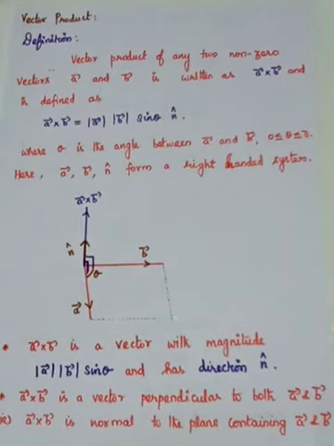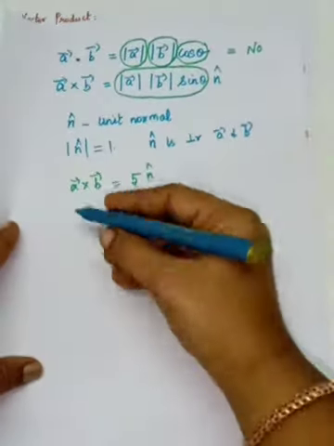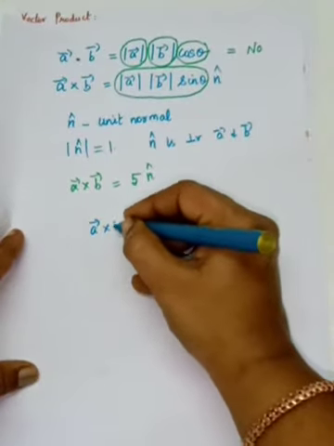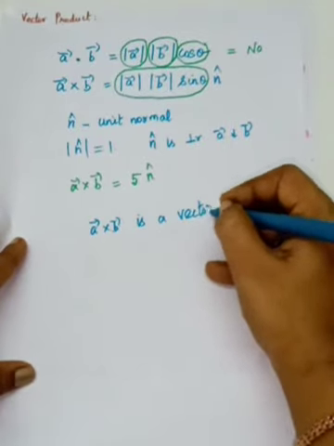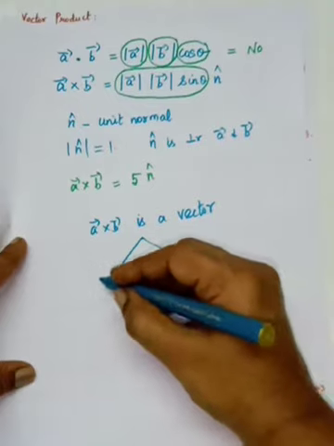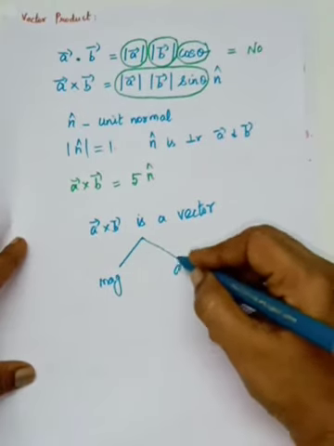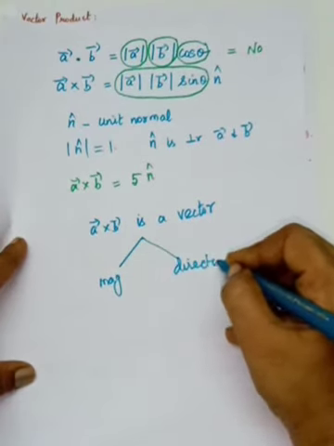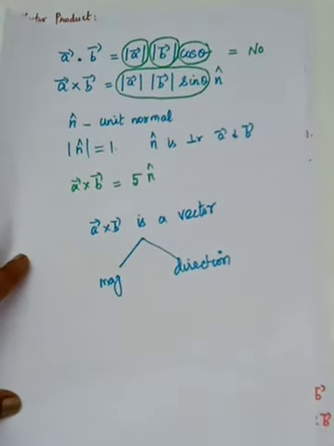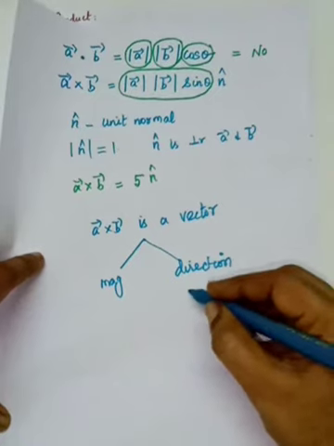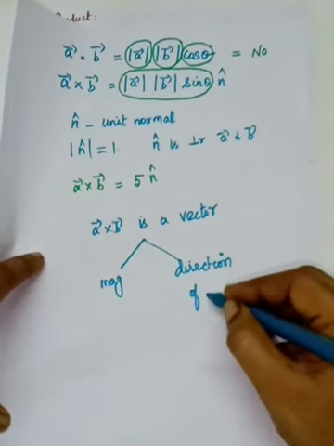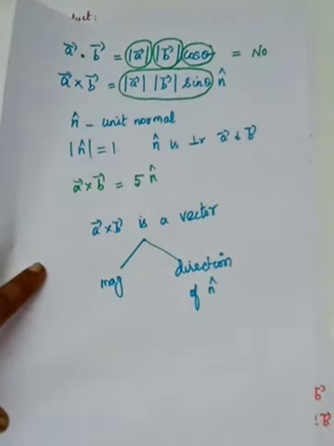Okay, so I have said A vector cross B vector is a vector, isn't it? So it's a vector, which means it has magnitude as well as direction. Here we have discussed the direction using the right-handed system. So A vector cross B vector has the direction of n cap.